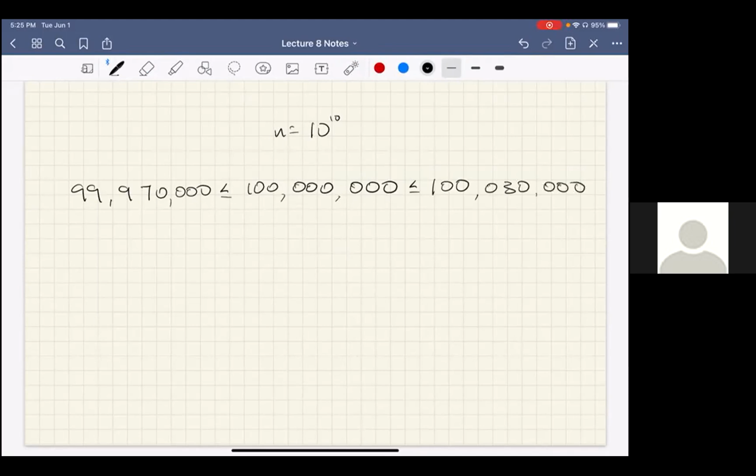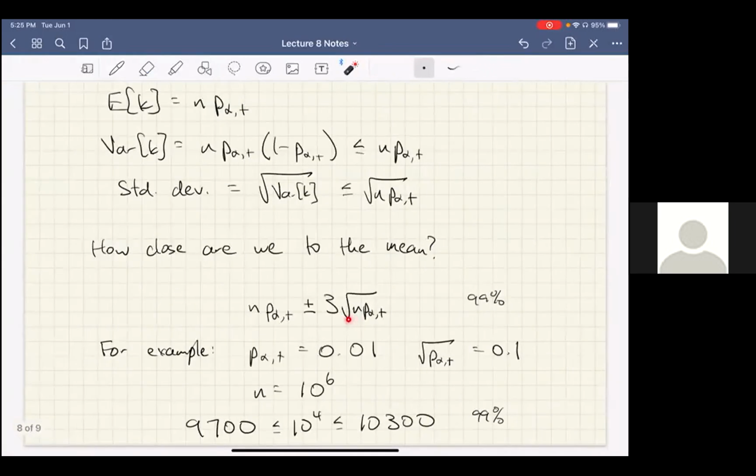So the size of the deviation with respect to the central number gets smaller and smaller, and that's because standard deviation scales as the square root of n, while the mean scales as n.